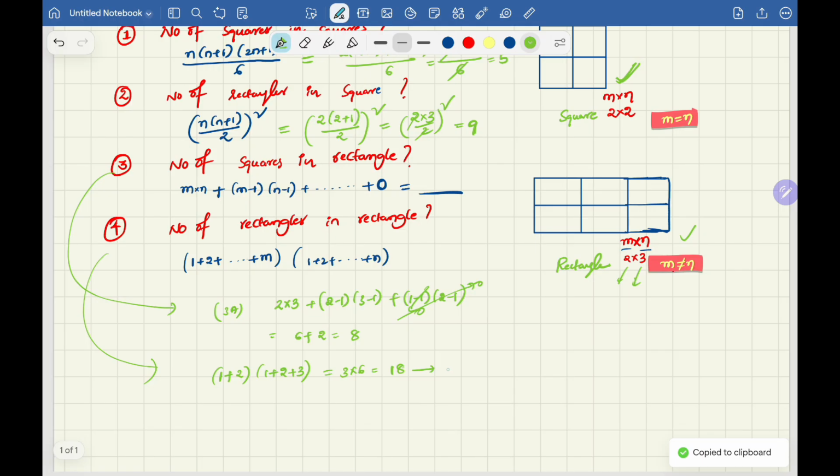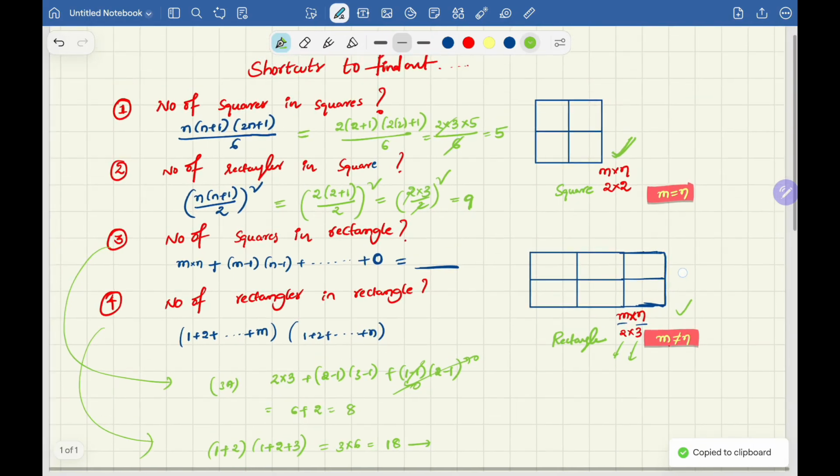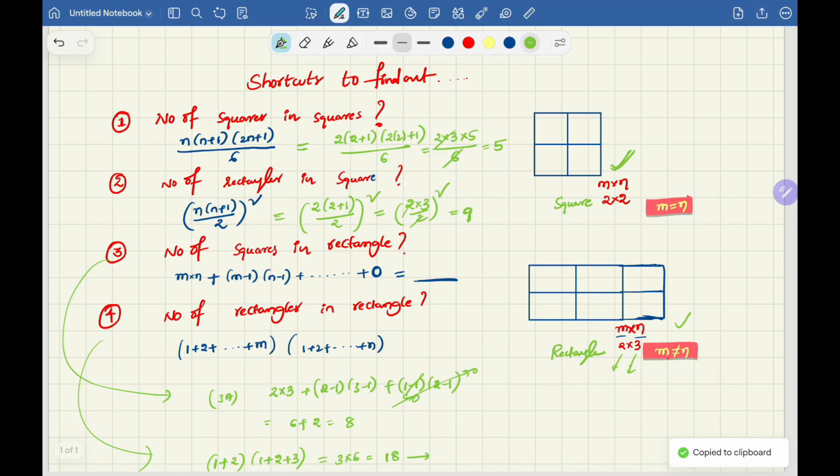Total 18 rectangles are there in a 2 by 3 rectangle grid. See, some people call it a matrix, some people call it a grid. Generally it is a grid only, though people indicate it differently. So this is how you need to solve. I told you this will be applicable for any type of question, any type of grid.